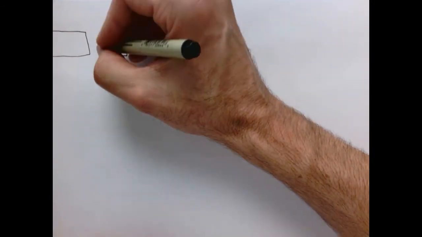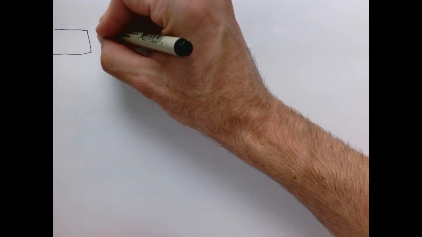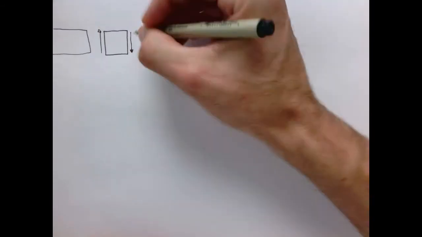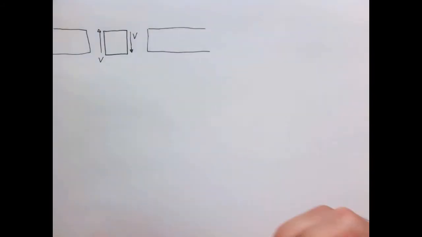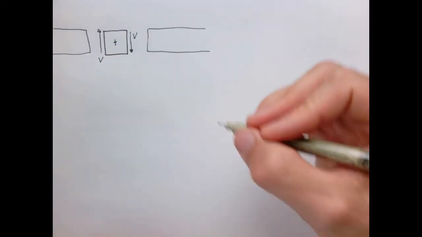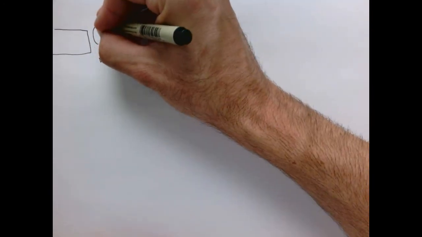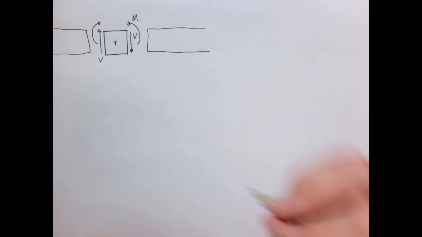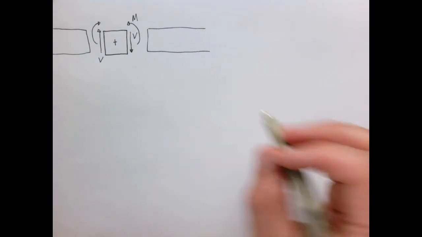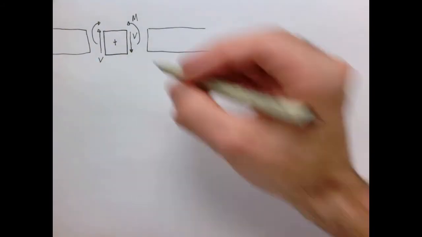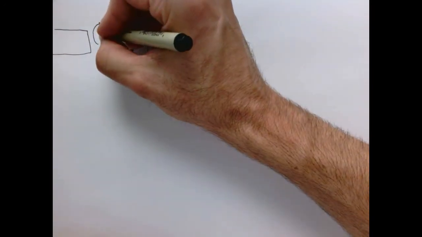The sign convention for positive shear would be that, and the sign convention for positive moment would typically be that. Now it's kind of arbitrary, it doesn't really matter. We could pick one or the other. We could flip this around and our diagram would be just as accurate, but we have to pick a sign convention. So this is the one you'll find in most textbooks.